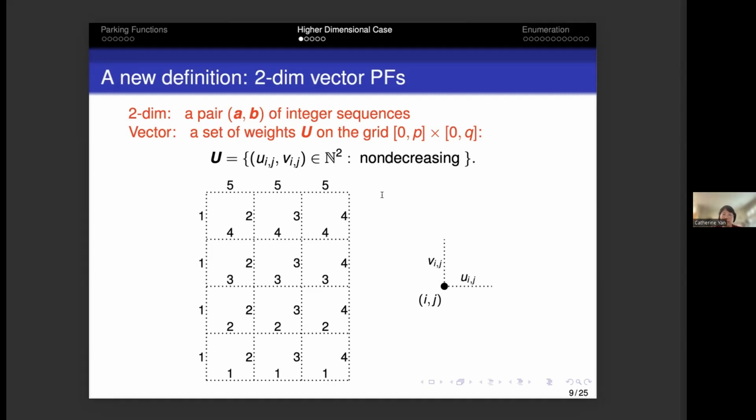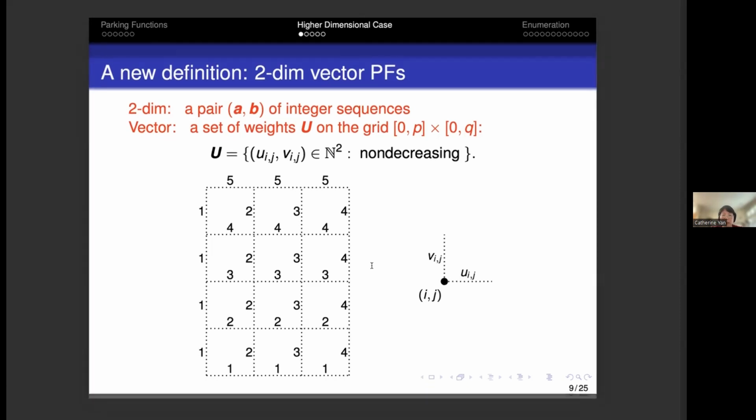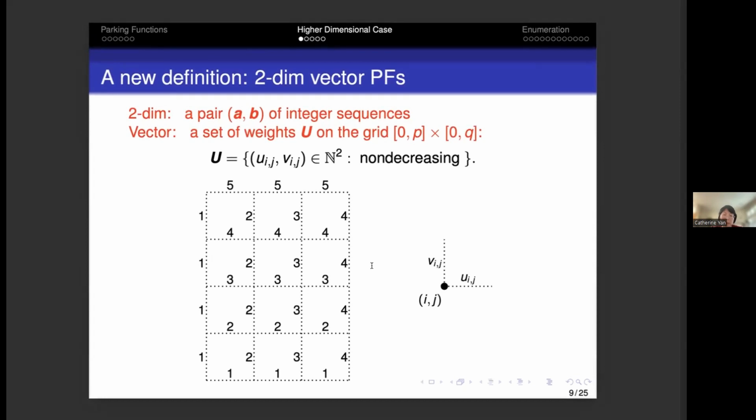You look at a rectangle grid, and on each edge there will be a weight defined. In my notation, if I have a vertex ij, then the horizontal edge coming from there, as well as the vertical edge growing from there, are indexed by u_ij and v_ij. For simplicity, assume those numbers are non-decreasing. So when you go to the right or go to the top, the weights are weakly increasing.